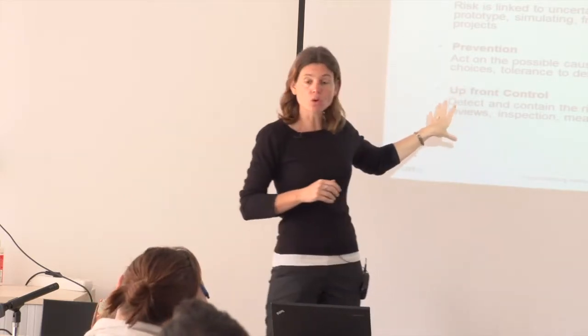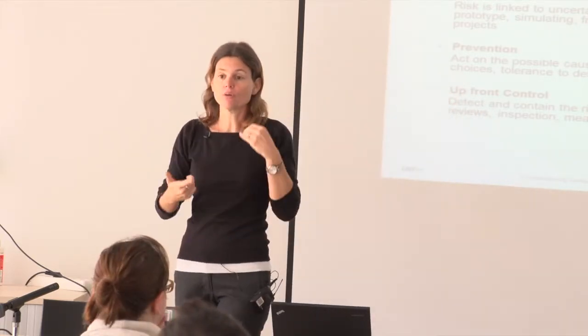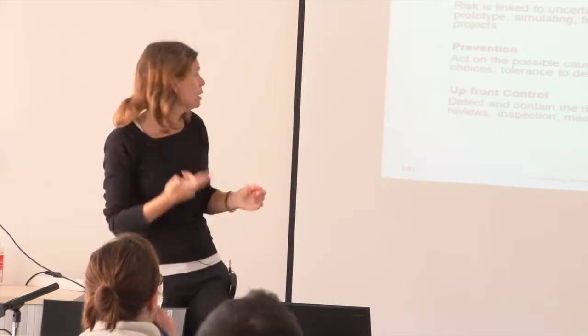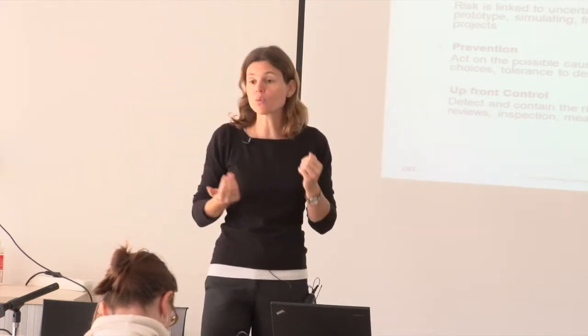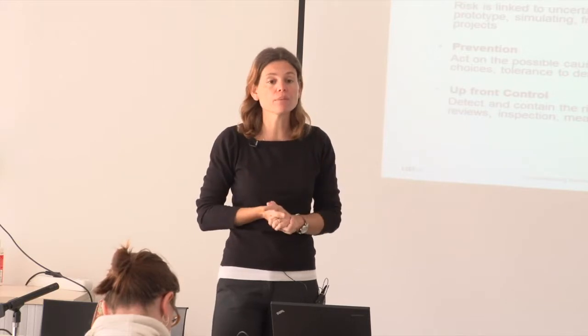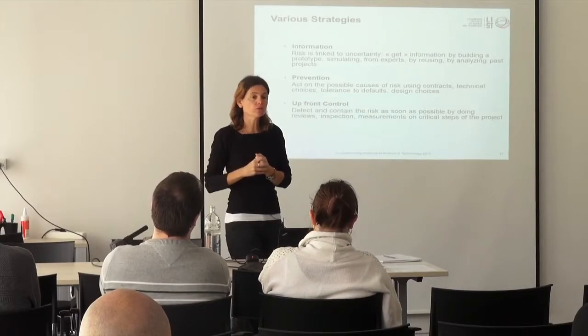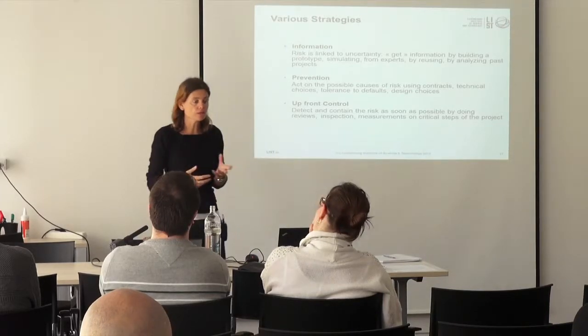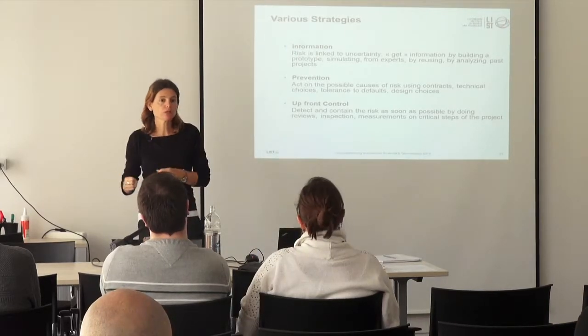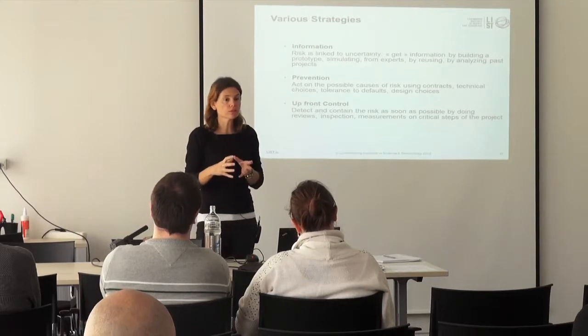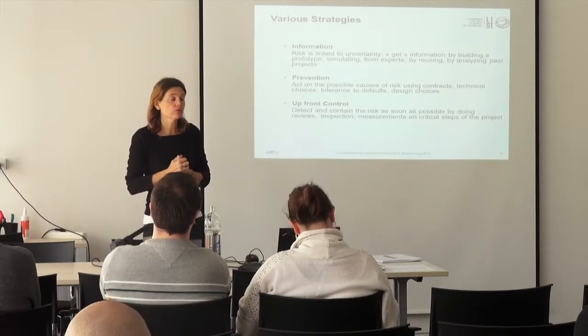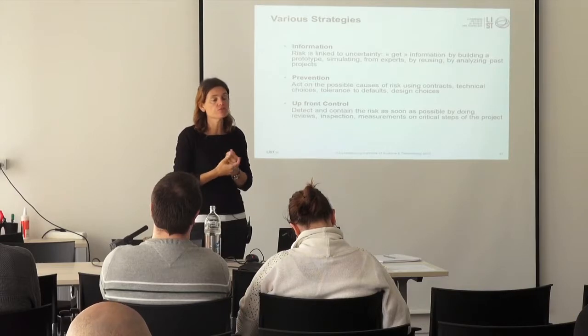You can have some controls, some checks, some testing, some measurements, some reviews, whatever you call them, so that at some points during the project you verify that you are on the right track, and you make sure that you handle the inconsistencies that you find.